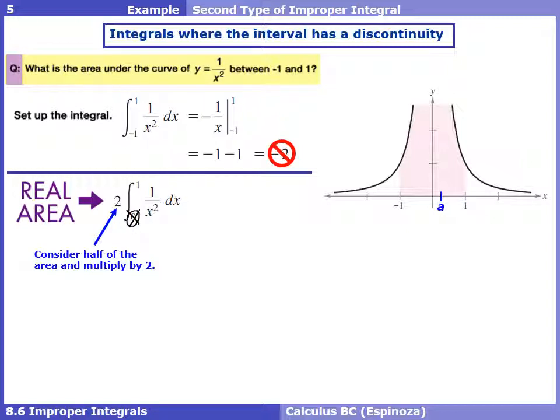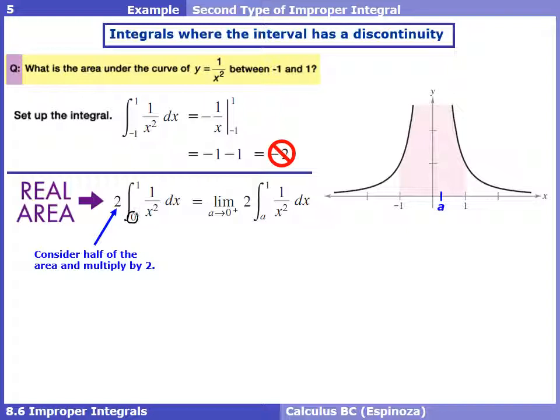So what we're going to do instead, just like you saw in the first type of improper integral, is get that bound out of there that's messing us up. To do that, instead of some value off to the right, a or b or whatever, I'm going to put a value of a right here. The reason is that I want a to approach that value that's messing up our integral.